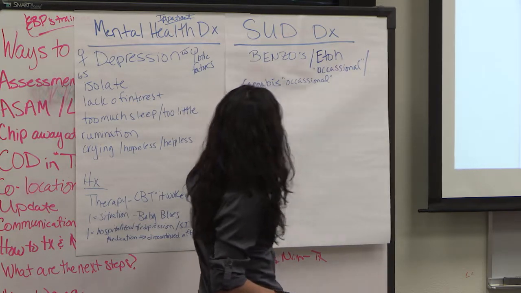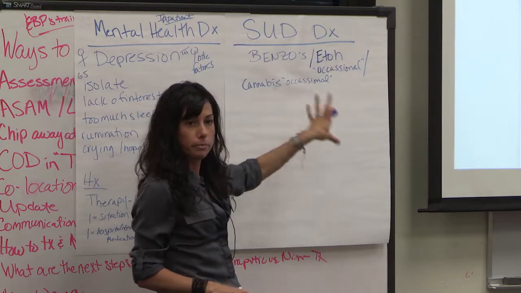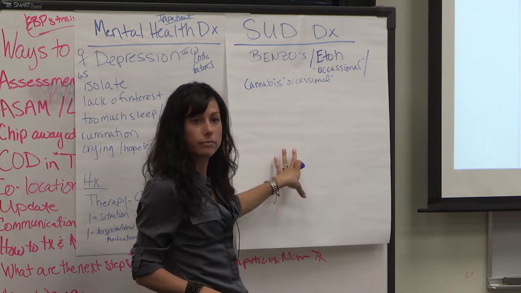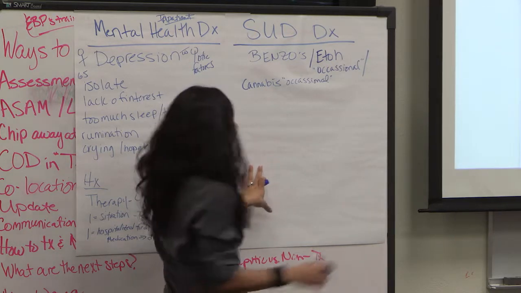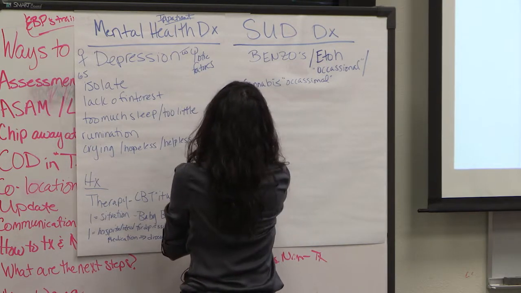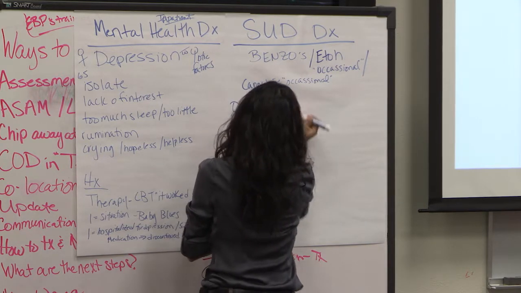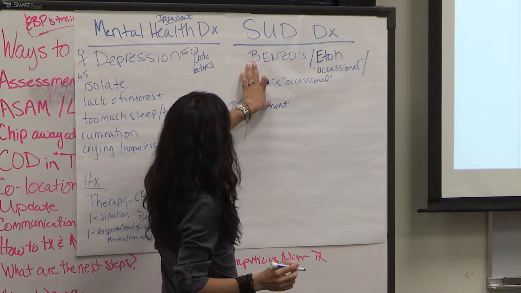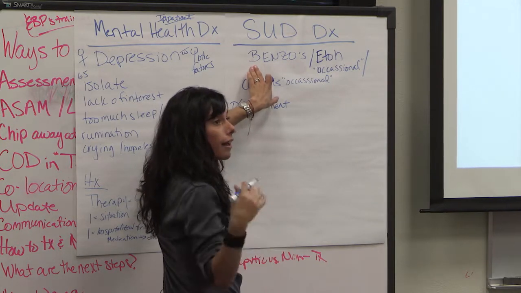Okay, so has she ever been in treatment before for any of these things? Well, she was in talk therapy before for mental health. But has she ever been in substance abuse treatment? No. Let's say her benzos are actually prescribed by her primary care physician for anxiety.